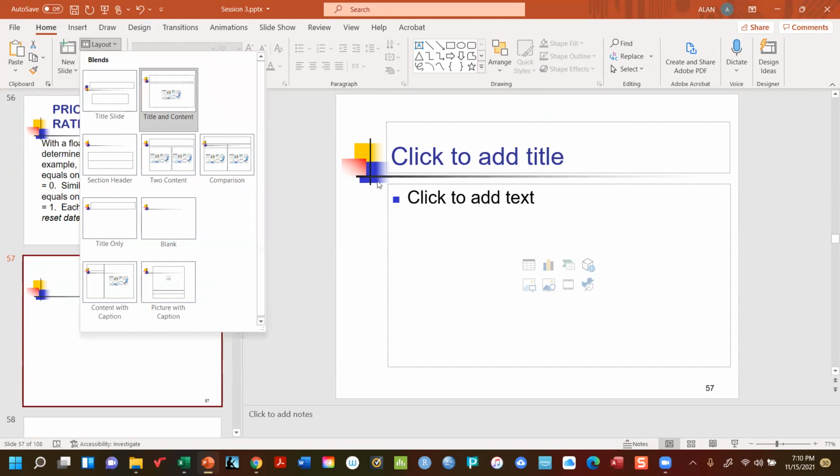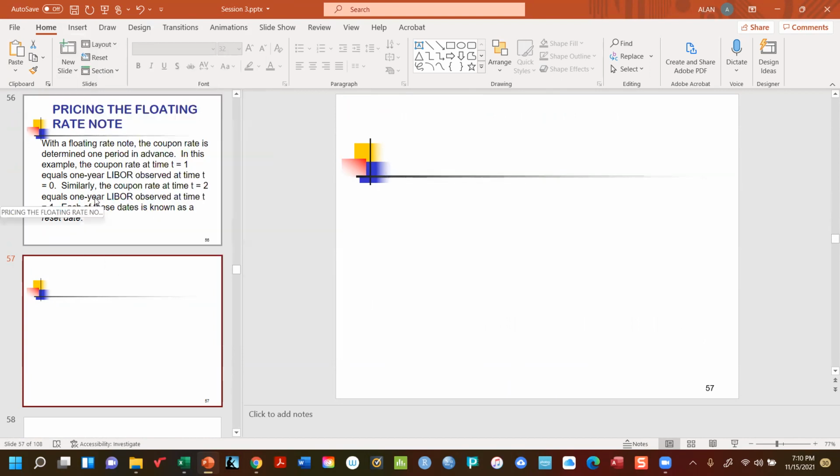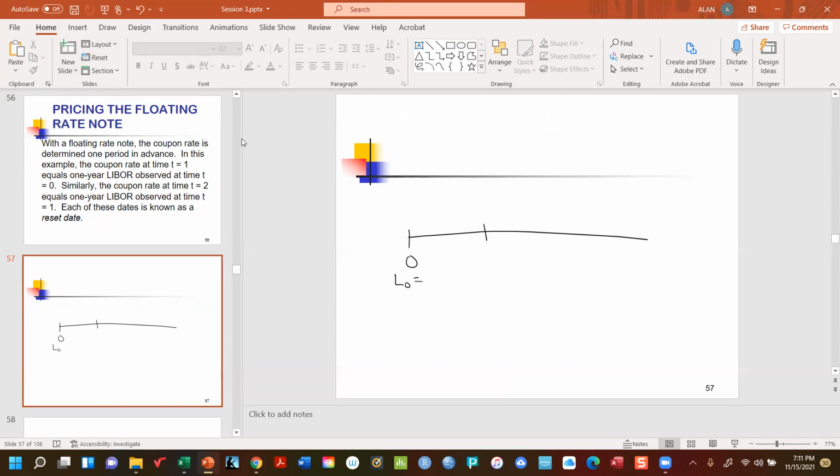Suppose, let's create a timeline. We have a security of some kind. And remember, the LIBOR rates are determined 1 year in advance. So let's say here LIBOR at time 0 is 5%. And let's say the notional is 100 million.